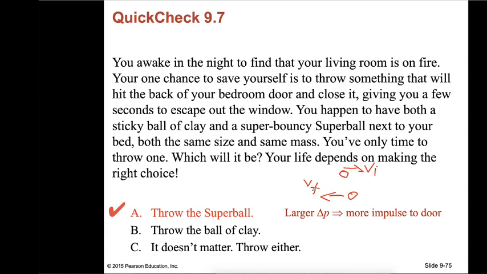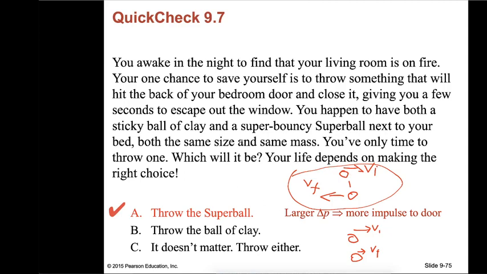That's the change from V initial to V final. However, if you select the other ball, the ball of clay, then that's your initial velocity, and it will stick with the door. So it has a final velocity like that. So which one changed the velocity more significantly? Of course, the first situation. The change of velocity is bigger, so the change of the momentum is bigger.